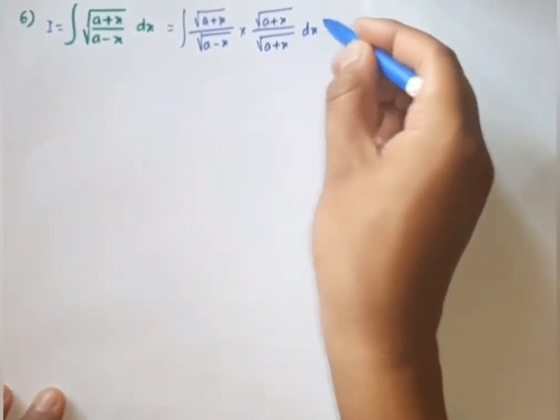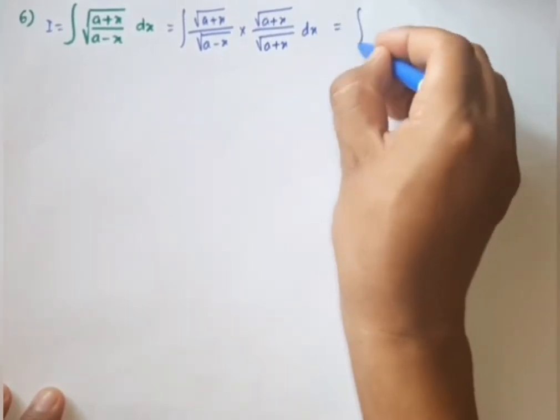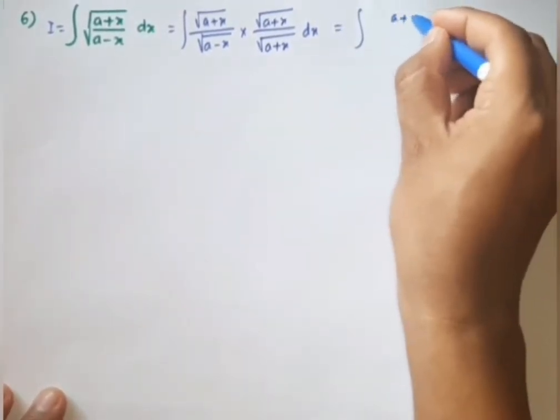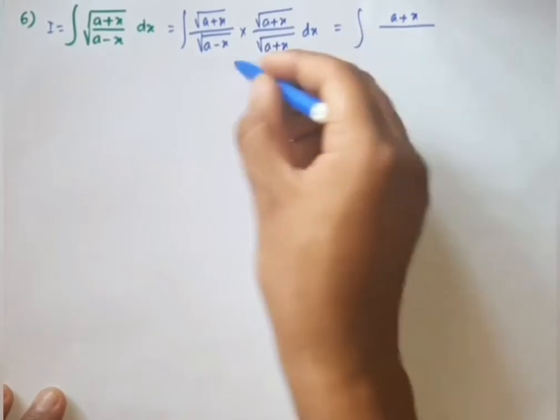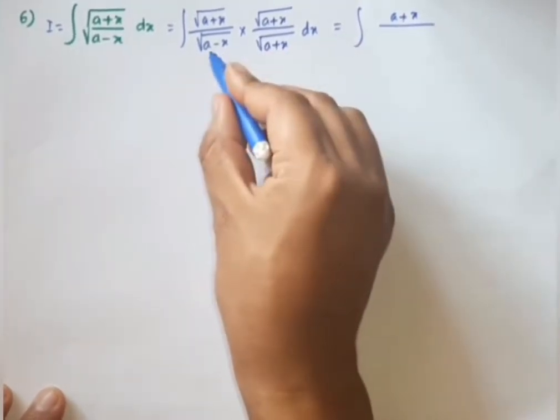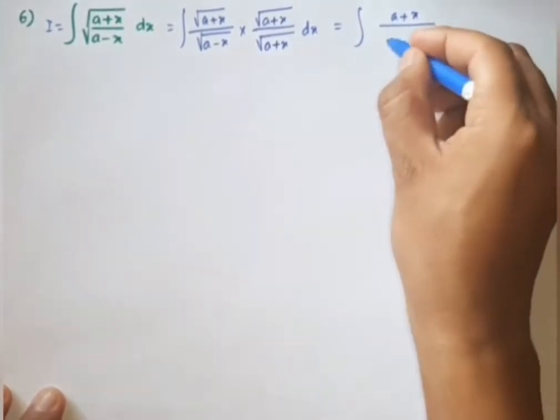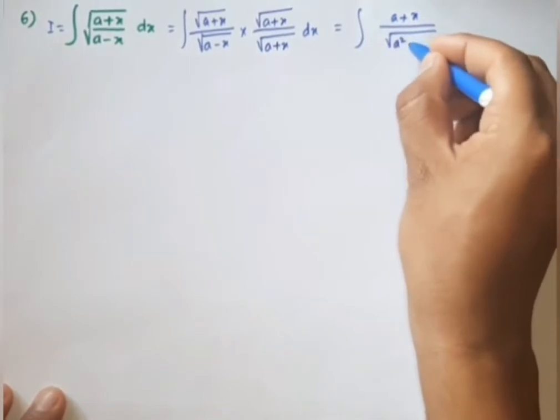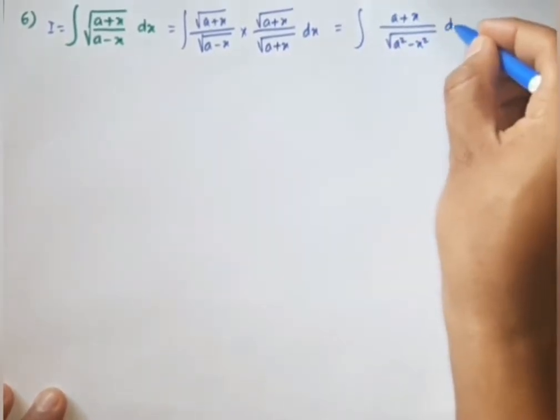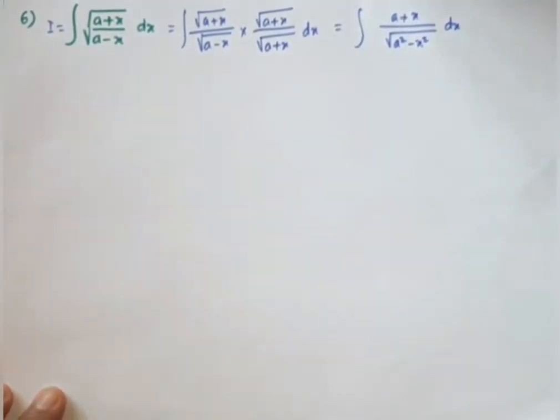Okay, so the numerator turns into a plus x, and the denominator turns into a minus x into a plus x, that is a square minus x square, dx.